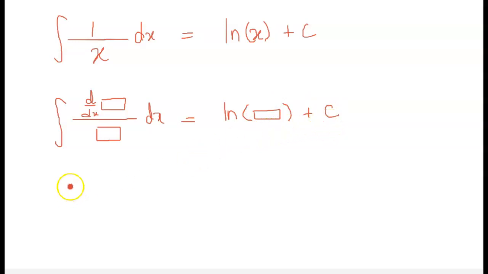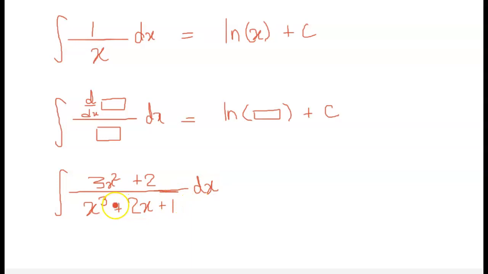Okay. Now, let's say we got a situation where we have x cubed plus 2x plus 1 at the bottom, and on the top, I have 3x squared plus 2.